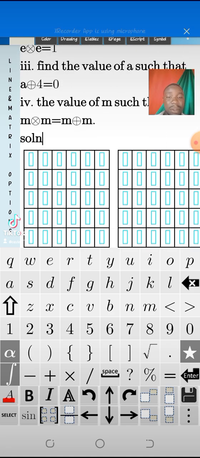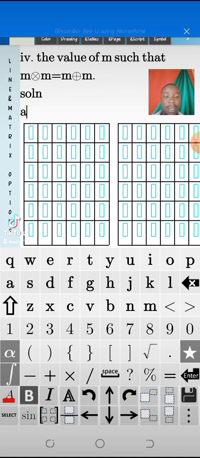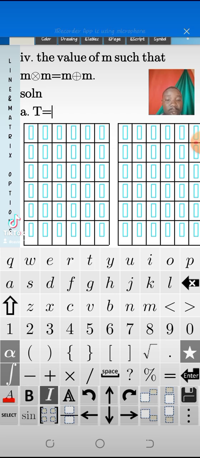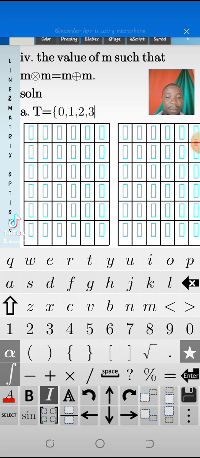All right, so let's deal with the A. Now dealing with the A, they've given us the set T to be equal to 0, 1, 2, 3, 4.